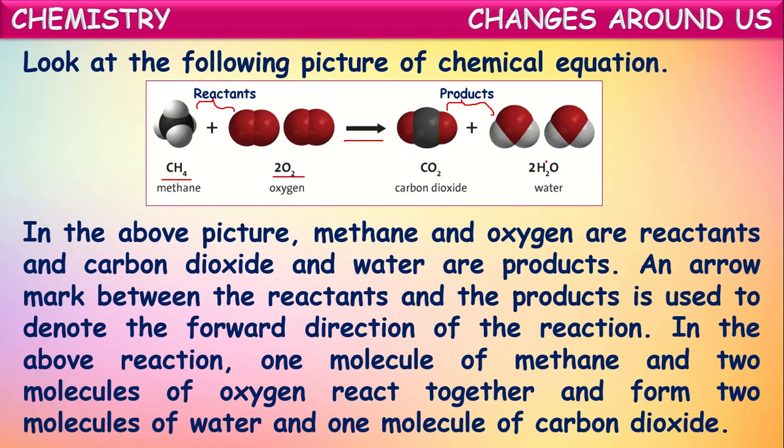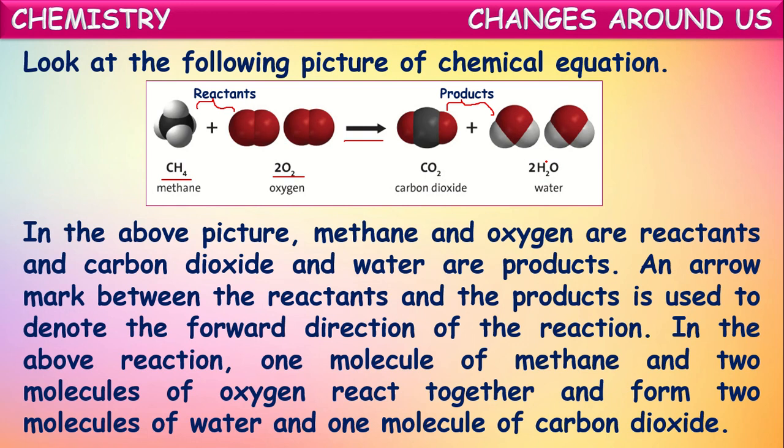Okay, in the above reaction, one molecule of methane and two molecules of oxygen react together and form two molecules of water and one molecule of carbon dioxide. So how many molecules are participating and how many molecules of each substance are combining together to form how many molecules of each product can also be represented in the equation by using certain coefficients.